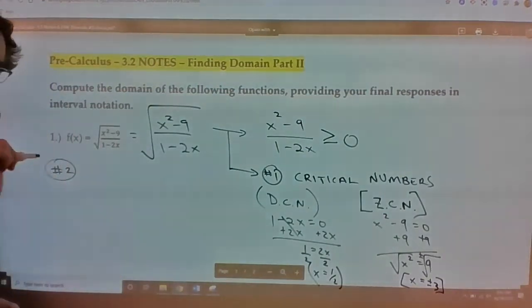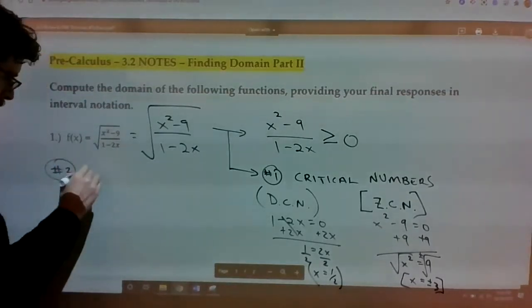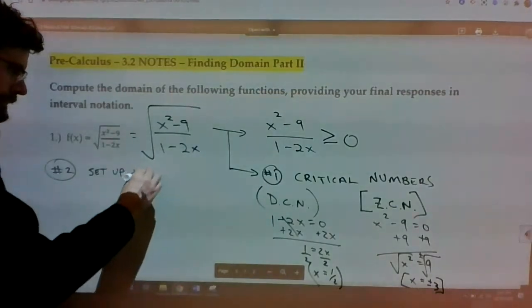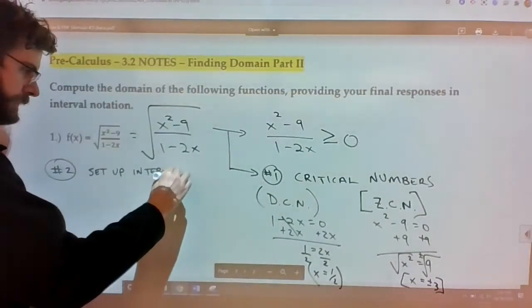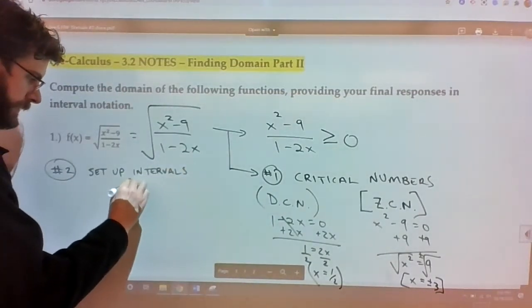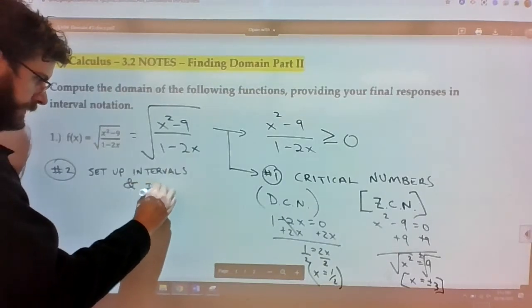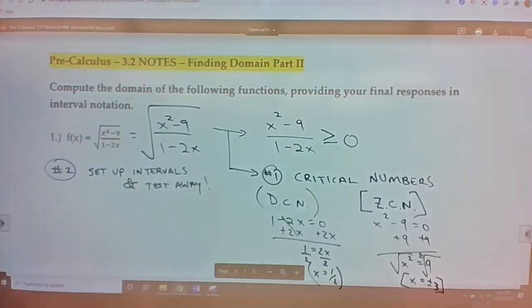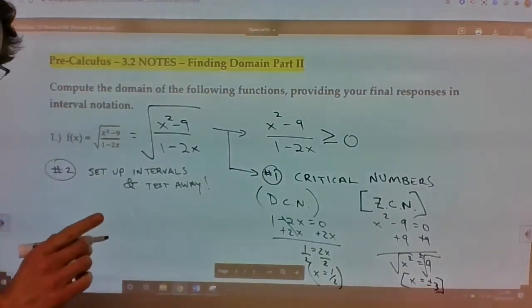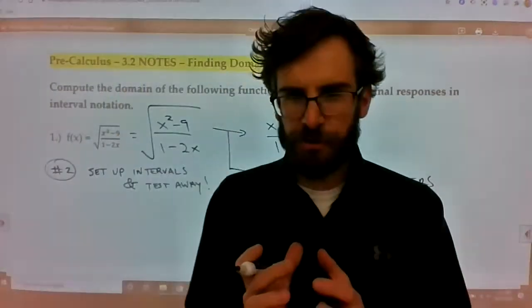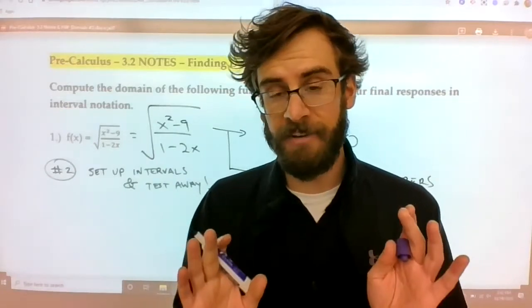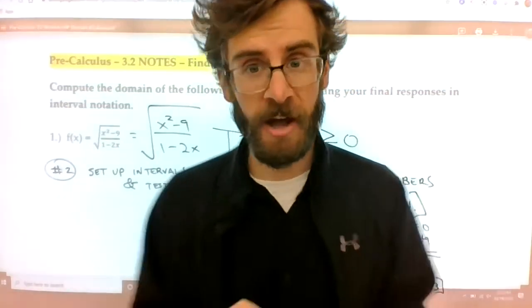Step 2, set up and test your intervals. So if you recall, we always start at negative infinity unless there's a domain restriction where it says you can't be less than 5. Then it'd be like, okay, if I can't be less than 5, I'm starting at 5.